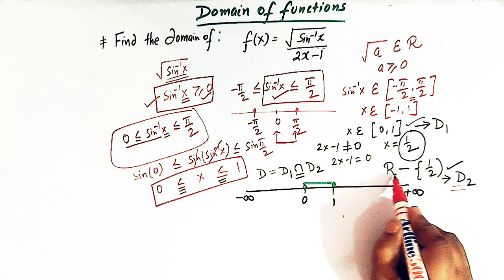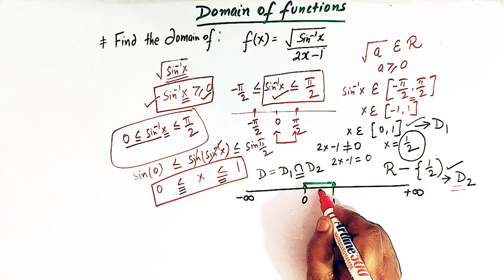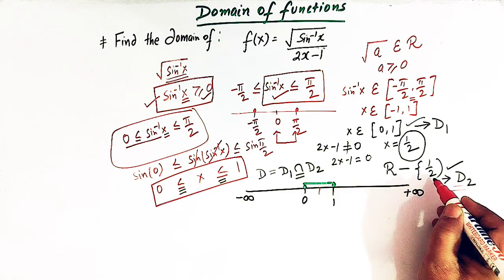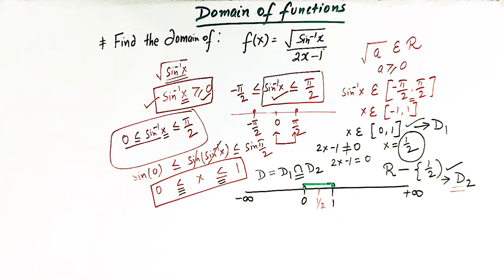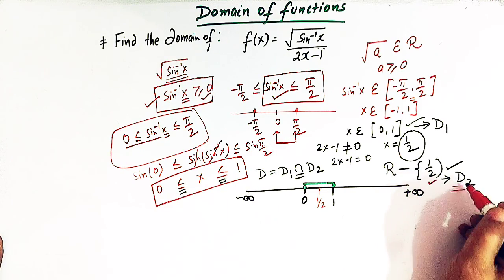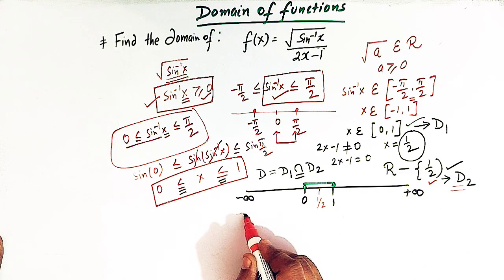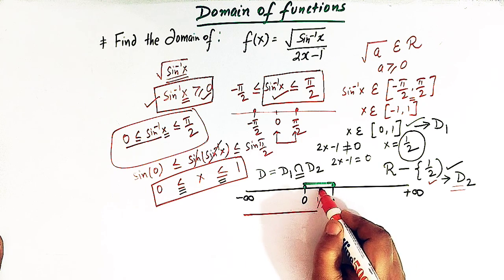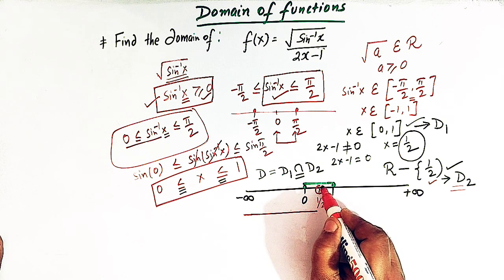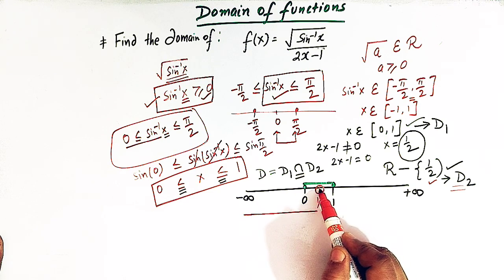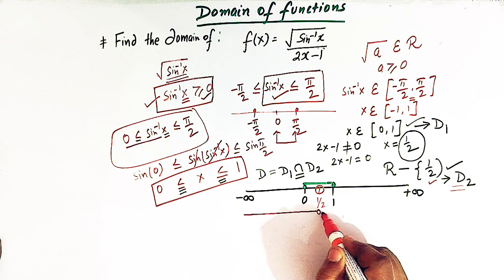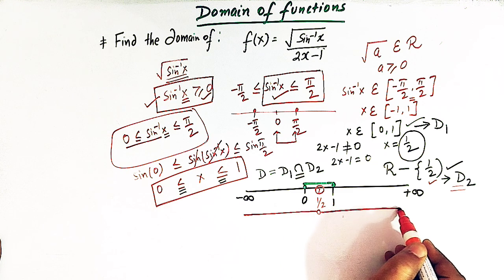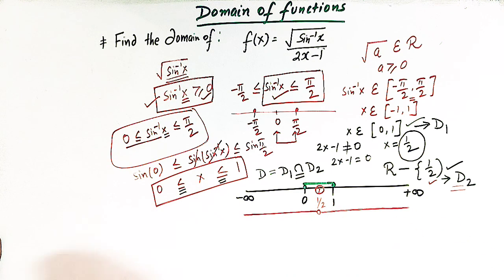Okay, so now let us represent this domain d2. So d2 is r minus half. So here we can take this number, that is 1 over 2, that is half. So this domain d2 goes from minus infinity to half, and remember this half is not included, so we'll make a circle over here and we'll exclude half, and then we go from half to the entire positive real number line, right?